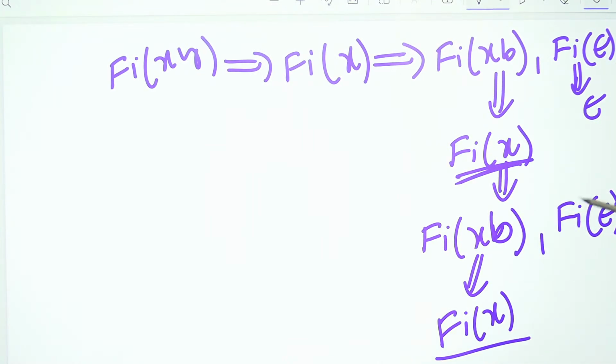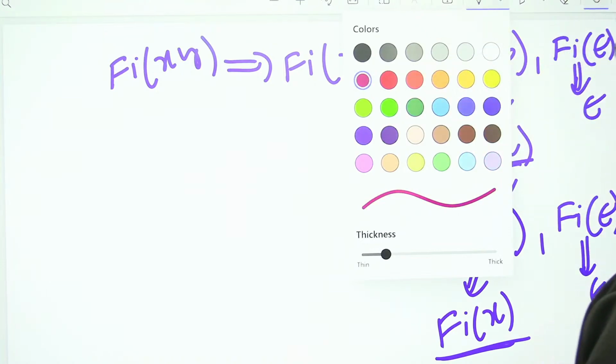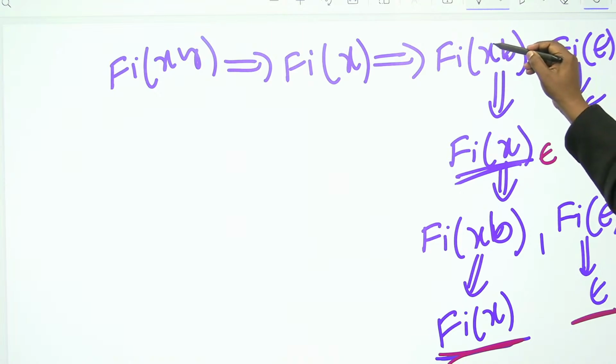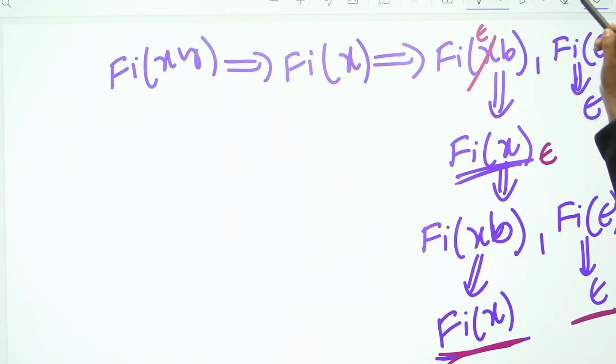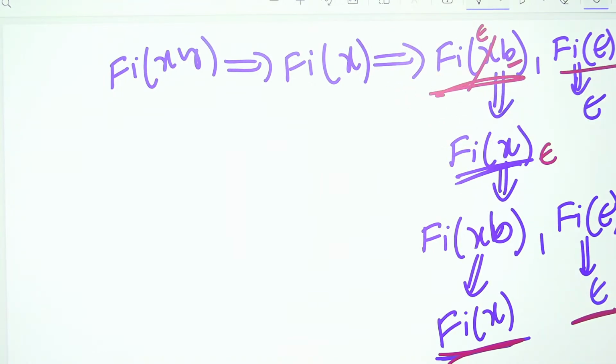But first of X contains not only this, it contains epsilon also. People may have made a small mistake here, please verify. This side is of no use, and on this side epsilon came. So this is finally epsilon, which means go here, B. From this side B came, from this side epsilon came.